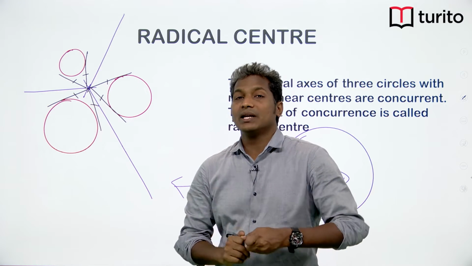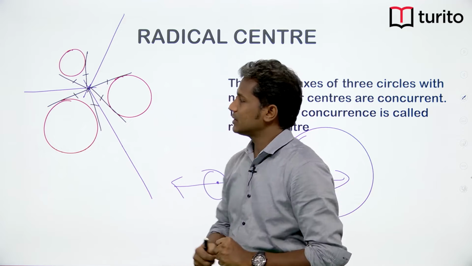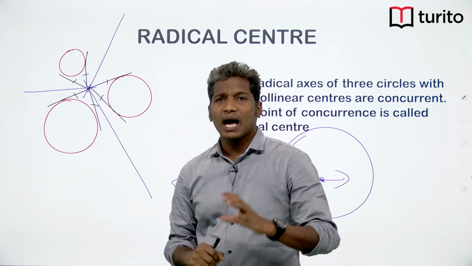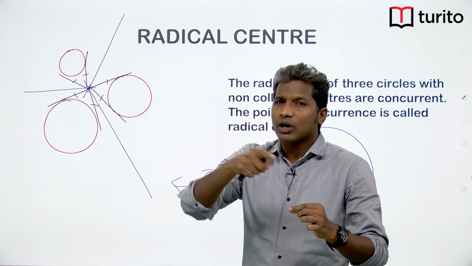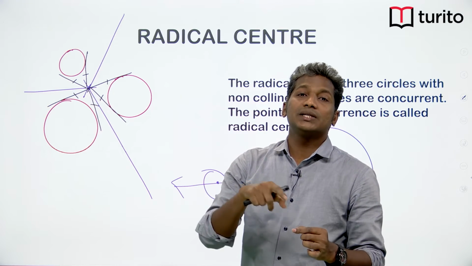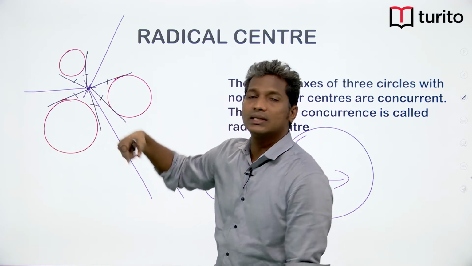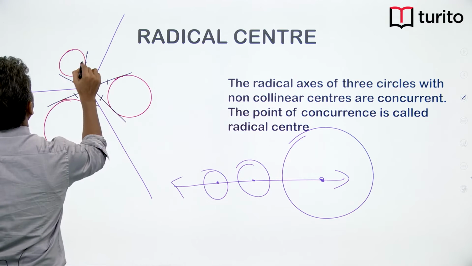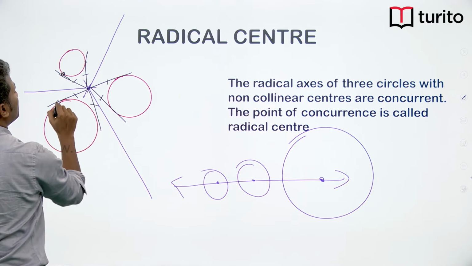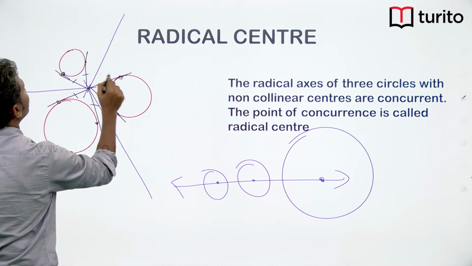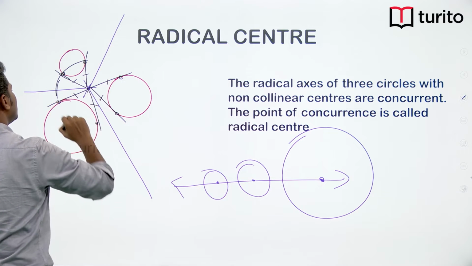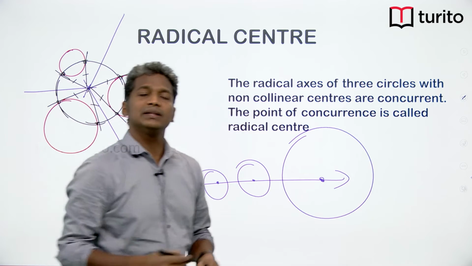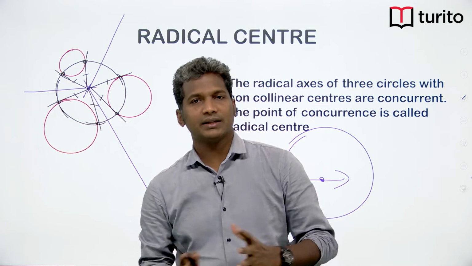Now, using the similar idea that I have explained with 2 circles, if I take the same length of the tangent as radius and if I draw a circle, that circle is going to cut these 3 circles orthogonally. Wherever I have drawn the tangents, at the points of tangency, the 4th circle will cut all 3 circles orthogonally, that means at 90 degrees.